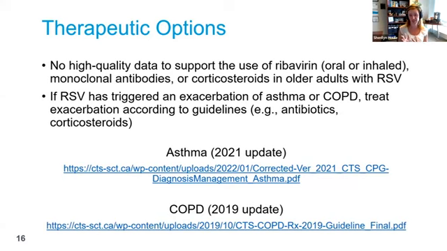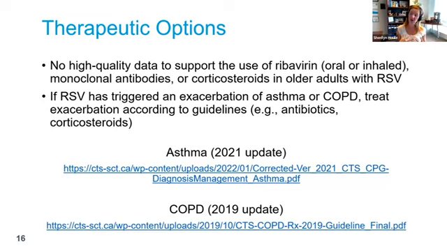But there's no evidence to support its use, as well as the use of monoclonal antibodies or corticosteroids in older adults with RSV. The inhaled ribavirin is indicated, but very rarely used, in our pediatric population, specifically those that are at super high risk of complications. So it is an option for them. It's very expensive, so it's typically done mostly for the higher risk children, but it does not have a role to play in current recommendations for older adults.